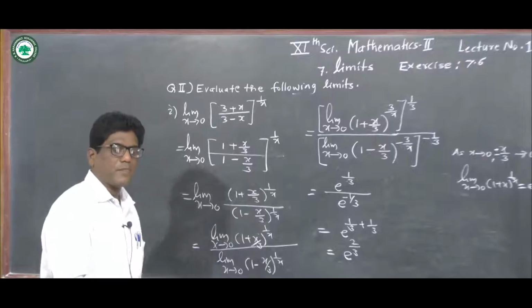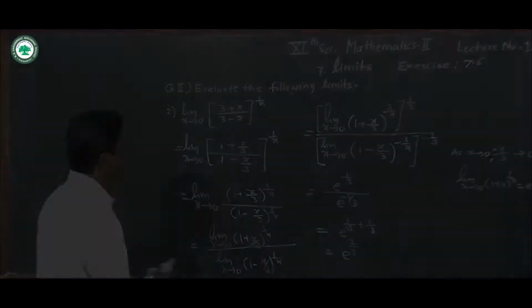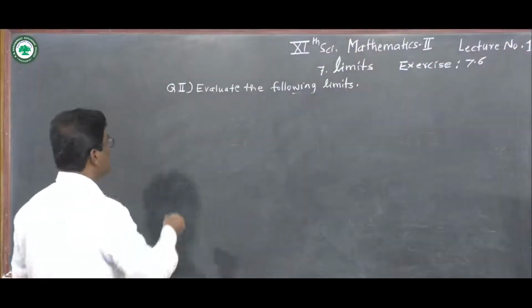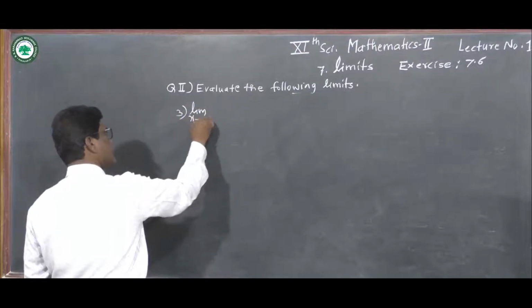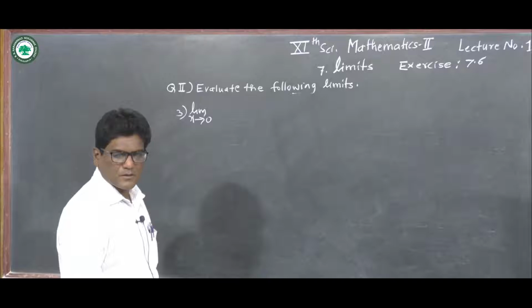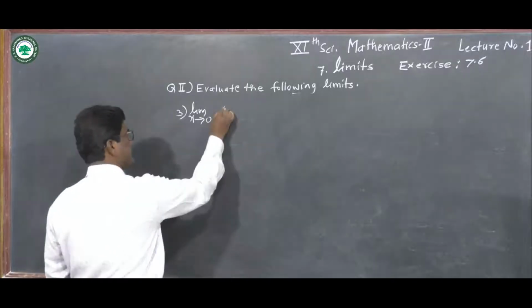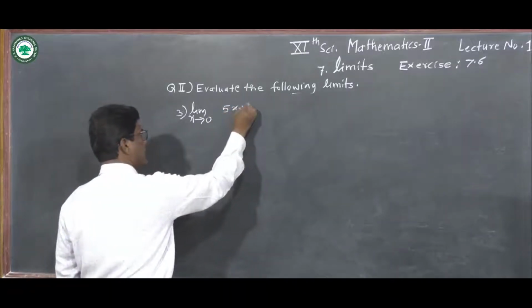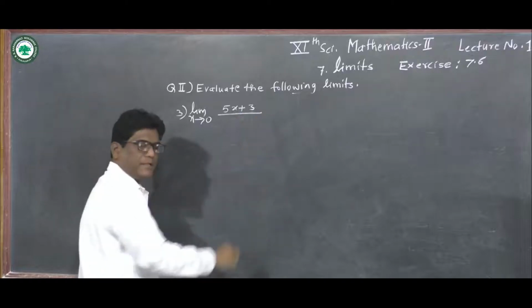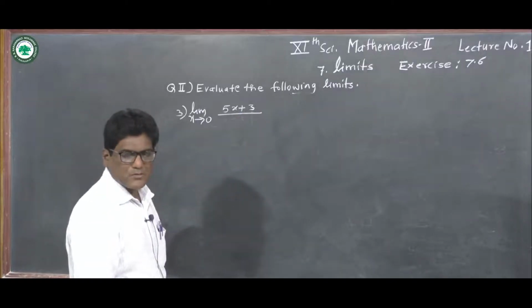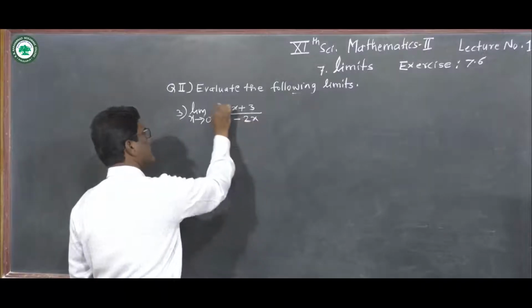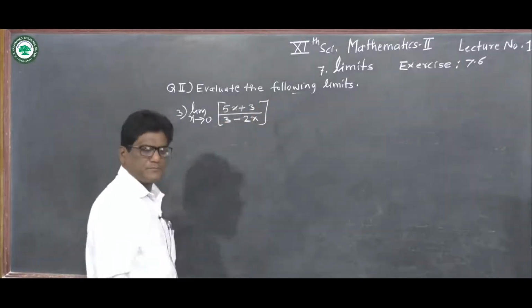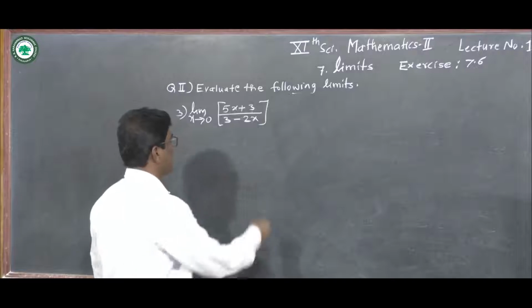Now we see the third problem. Limit x tends to 0, (5x plus 3) divided by (3 minus 2x), to the power 2 upon x.